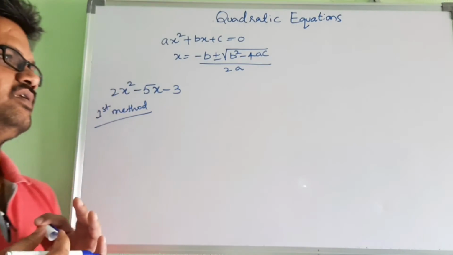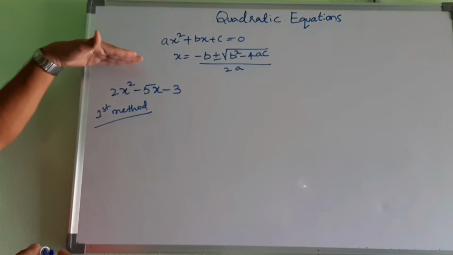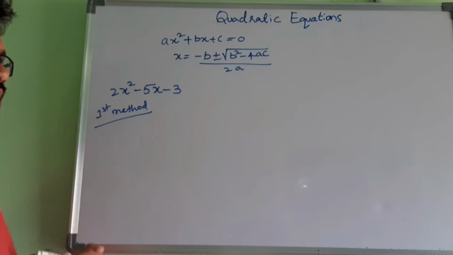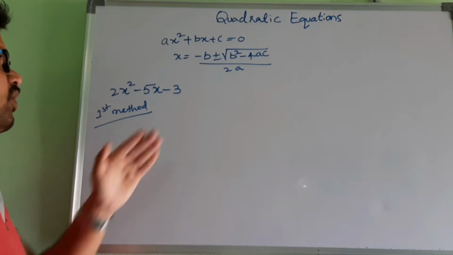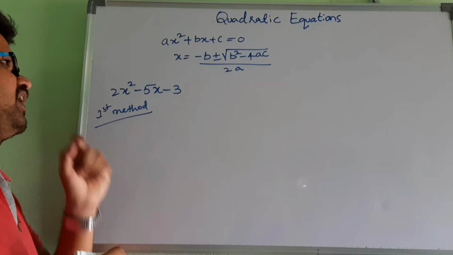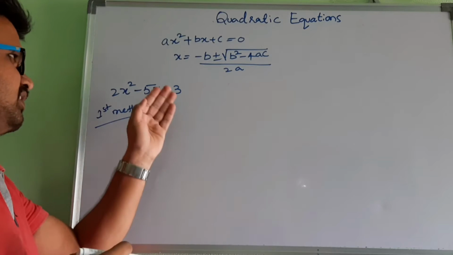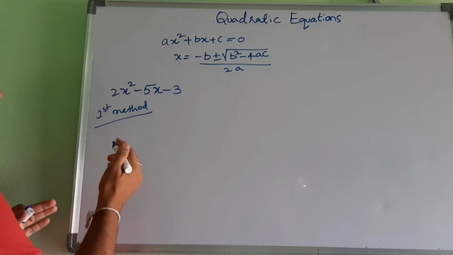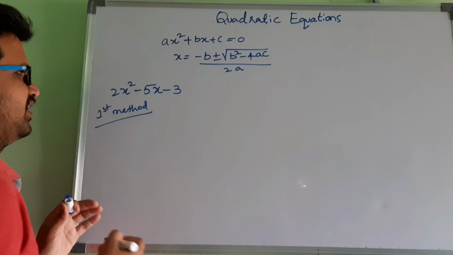Listen carefully. Generally we use the factorization method, completing the square method or quadratic formula to find the value of x, meaning the solution. But here there is a Vedic maths trick.